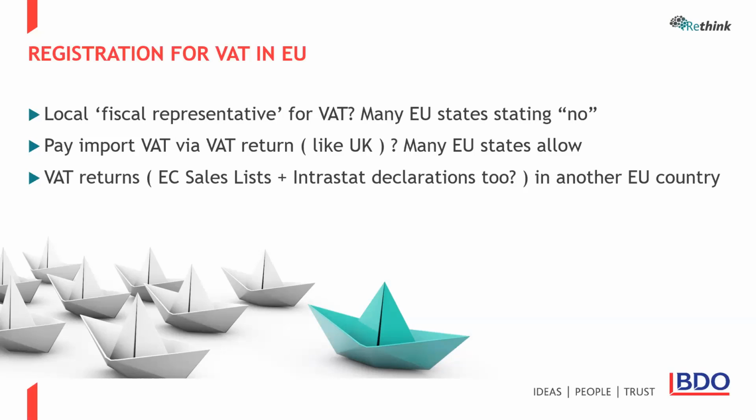You're probably going to have to file an EC sales list in that country as well, and Intrastat declarations for arrivals and dispatches from that particular location in that EU country. So it's not just VAT, it'll be the other stuff that you've probably been used to to date in the UK that go with intra-EU trade. Next slide, please.